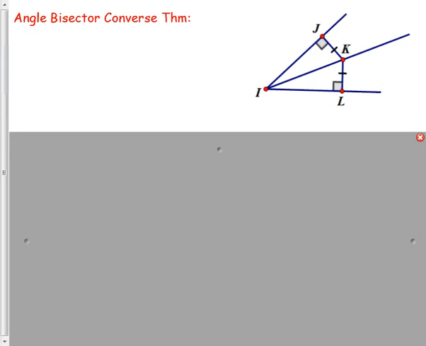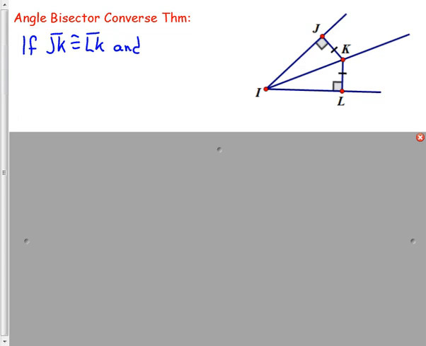The converse of this theorem says that if a point is equidistant to the sides of an angle, then it's on the angle bisector. So we will say that if JK is congruent to LK, but it's not enough just to say they're congruent because one could be at a different angle than the other, so we also have to say that they are perpendicular.